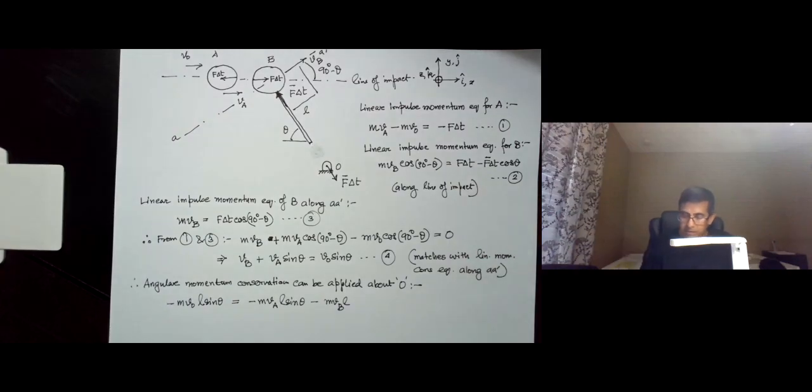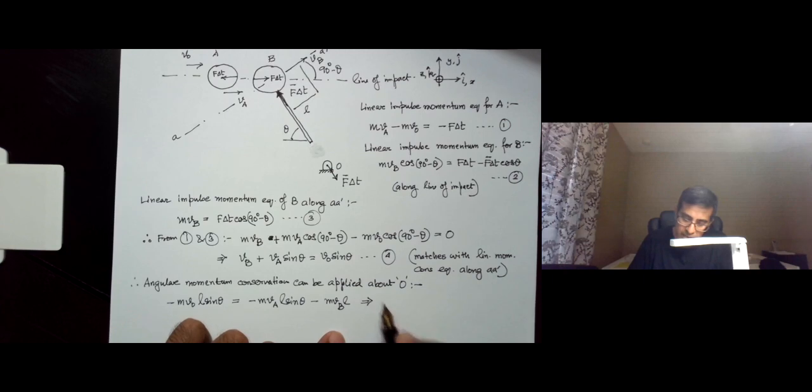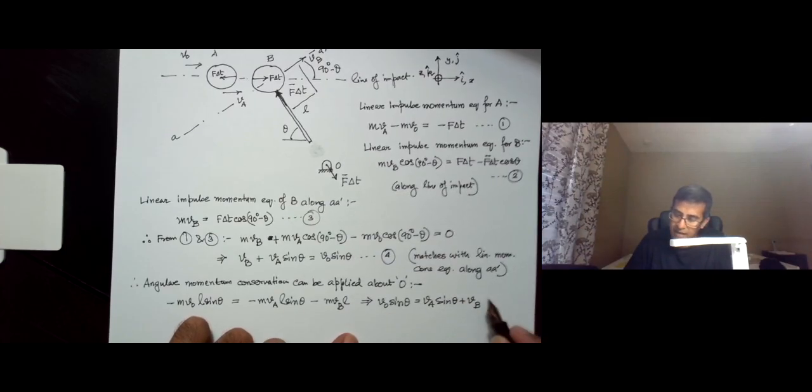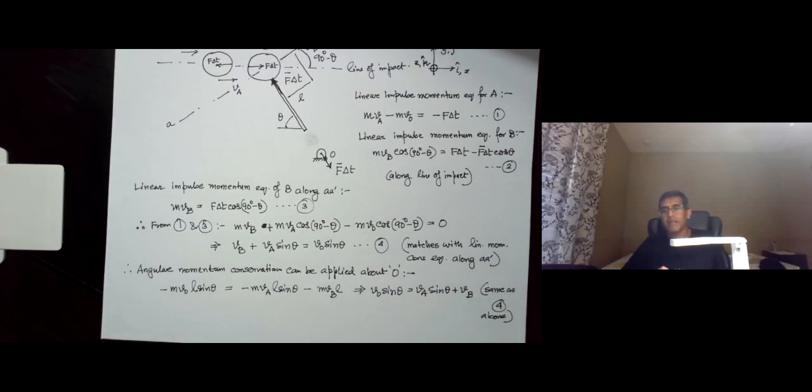If we now cancel mL from both sides, what we get is v0 sine theta equal to vA sine theta plus vB, which is the same as equation 4 above. We get the same equation as the one obtained from conservation of linear momentum by applying conservation of angular momentum.